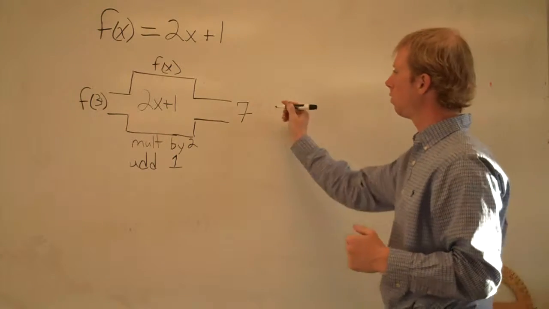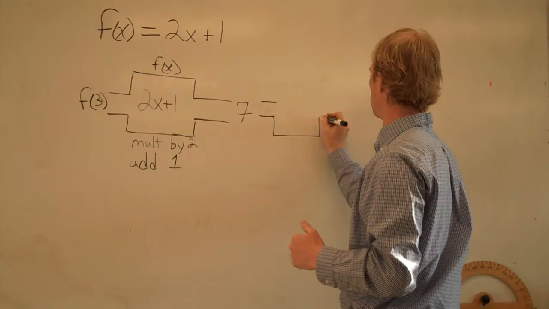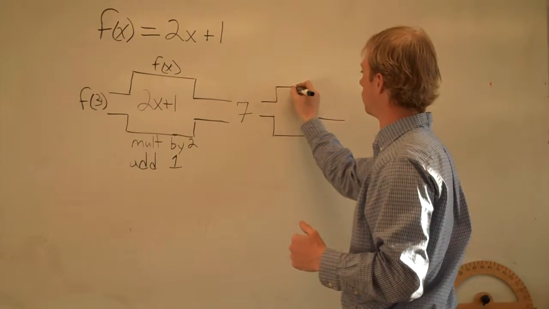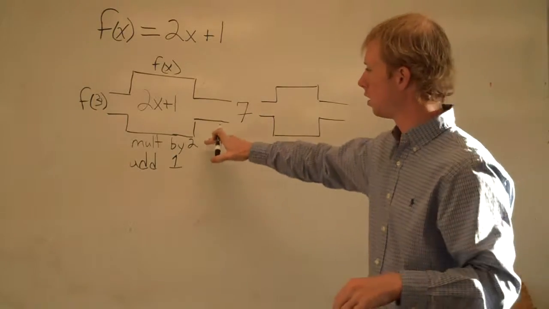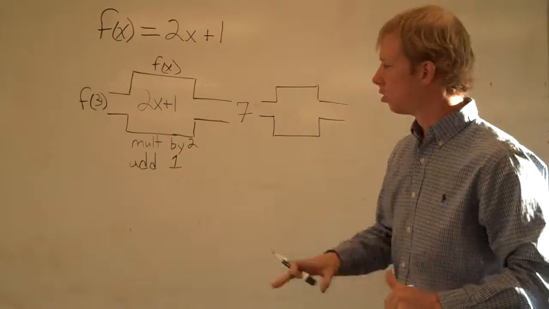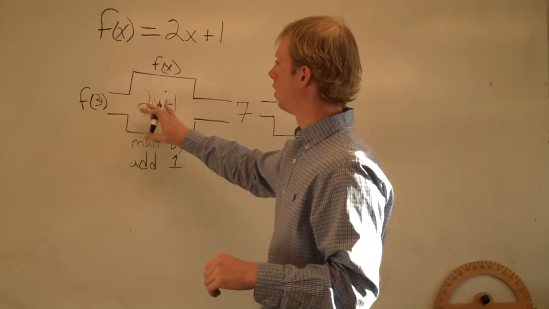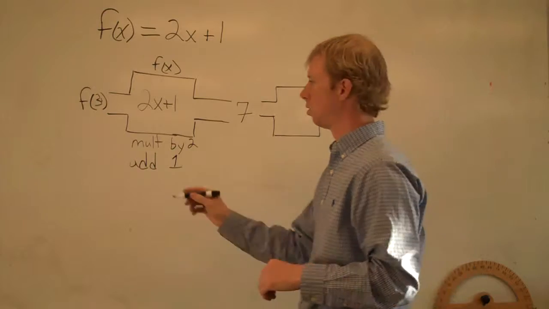Now the true inverse function can be created by doing the opposite of each step in the opposite order. So if I want to undo this, I'm going to do the opposite in the opposite order.